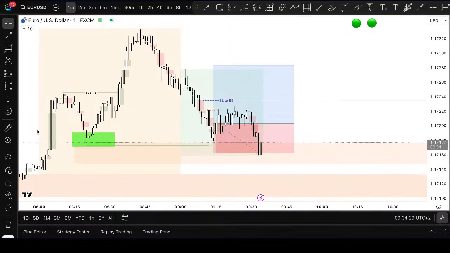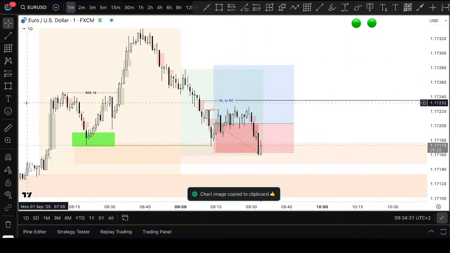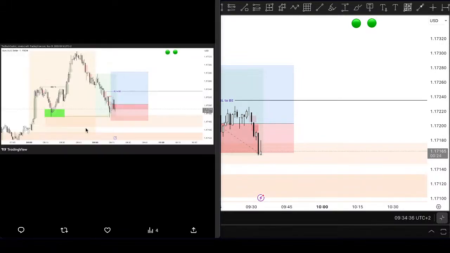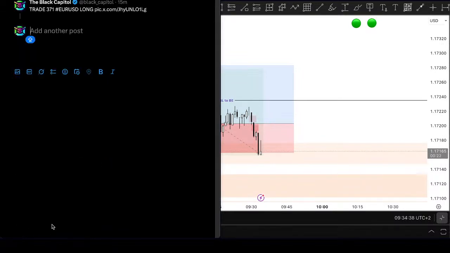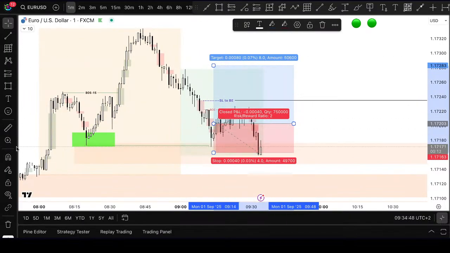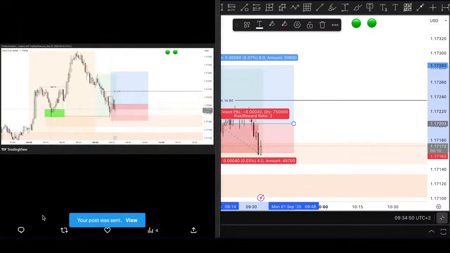So let me update it. Euro USD. First trade of the month. Loss. No problem. It happens. Trade loss, minus 1%. Let me put that also. Did I put that?